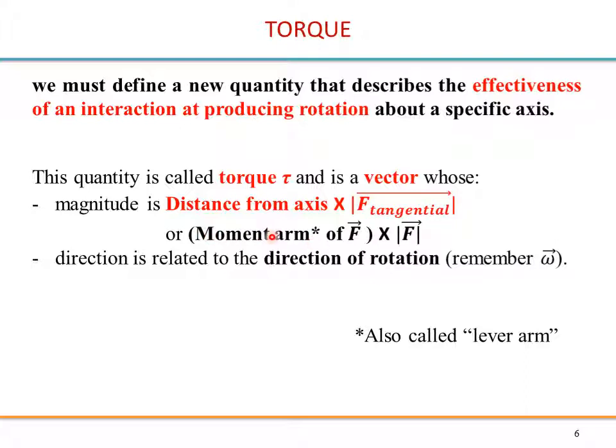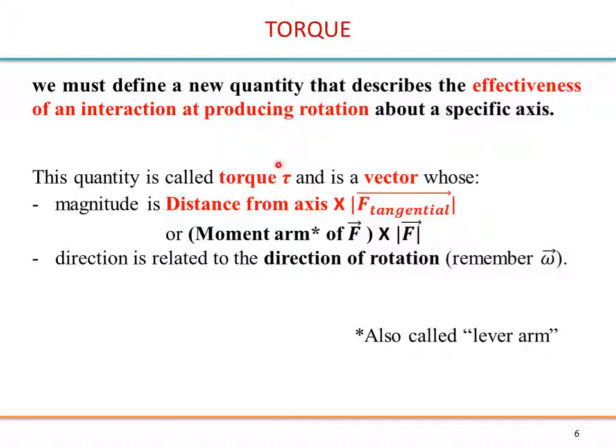Another way to write it is the magnitude of the force multiplied by what we call the moment arm of F. It's also called lever arm. We will see in the next slide what it is exactly.